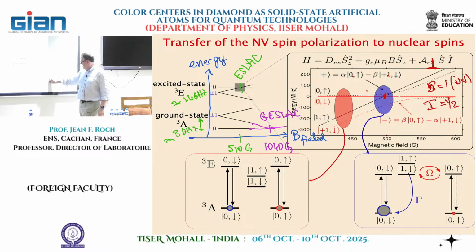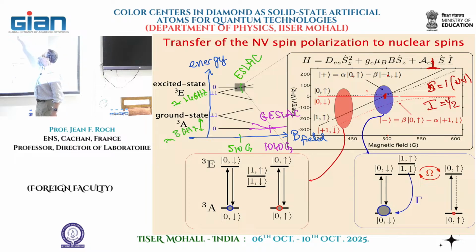I start from here, ms equals 0 and the spin up for the nuclear spin. Okay. I go to the excited state. Delta ms equals 0, so I keep that quantum number equal to 0. The nuclear spin, I suppose, has no influence during this transition. But when I'm in the excited state, I am on the mixed state.